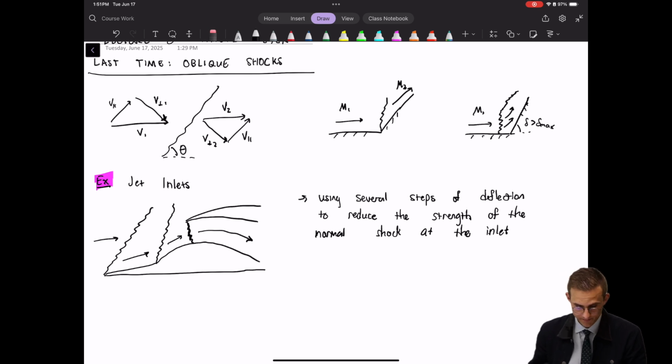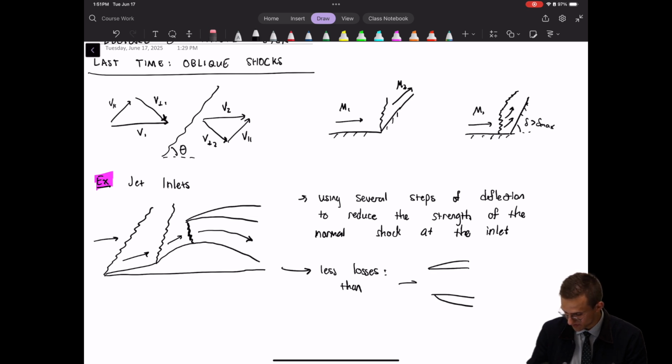In other words, this sort of situation that we've drawn here has less losses than the case where you say have an inlet just straight from the incoming flow, and then just a normal shock that's occurring at the entrance of the inlet.